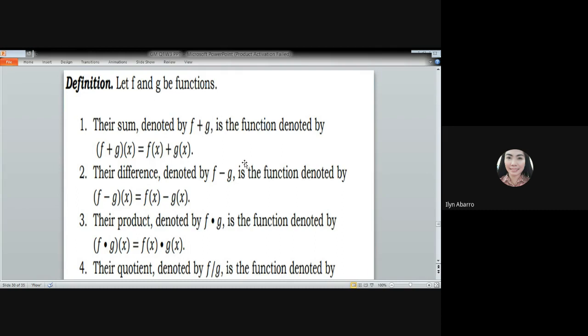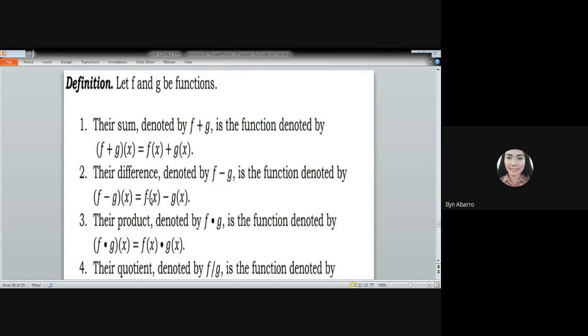Okay? So, we will understand that later in our example. Number 2, their difference denoted by f minus g is the function denoted by, so kapag naman subtraction, f minus g of x is equivalent to f of x, and then minus g of x, eto siya.